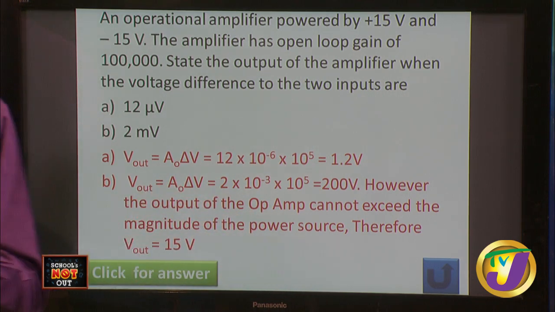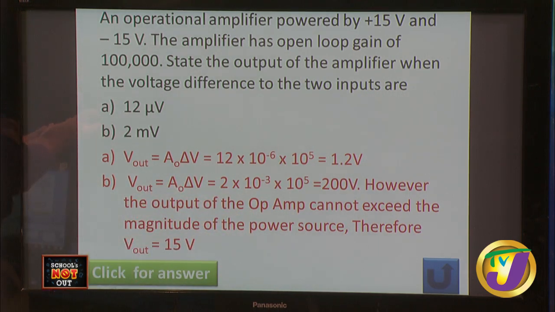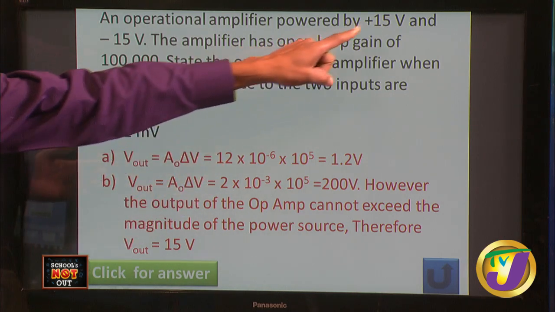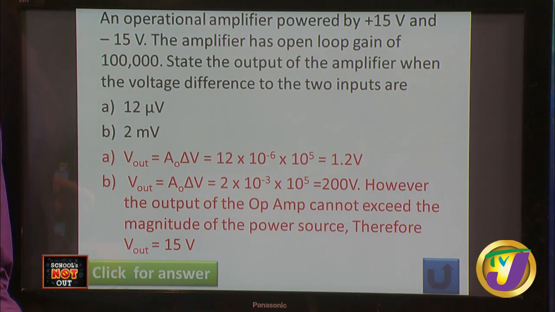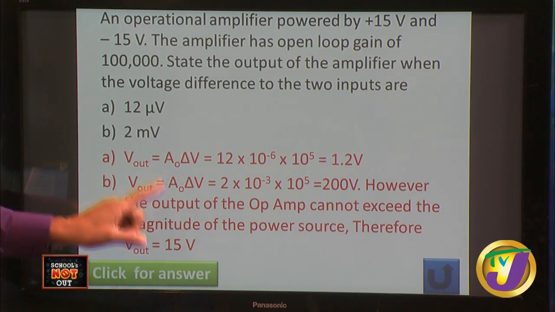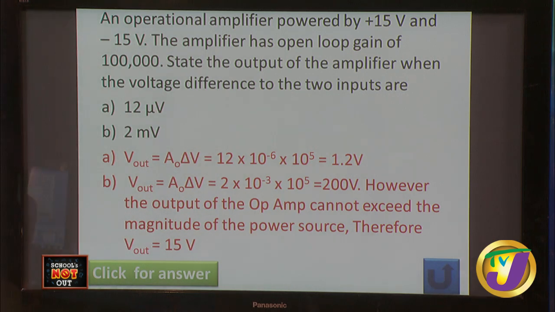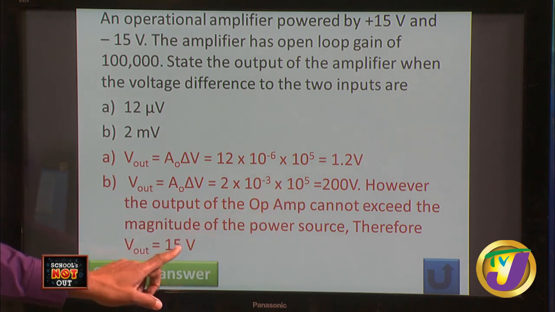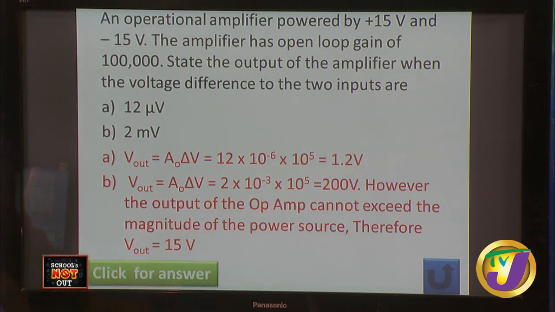The limit to which the operational amplifier can give you any output is 15 volts, which is the supply there. And so that output would be 15 volts. All right? Okay, so no matter how much you get for this answer, we know that it's not possible for it to pass 15 volts, because that is how much you supply to the op amp, right?